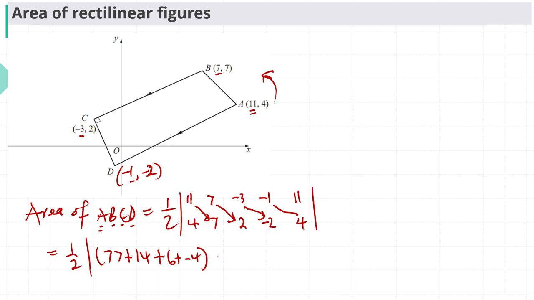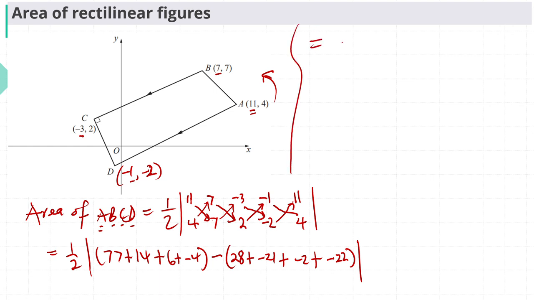So we put all this in brackets. Now minus the upward products, the sum of the upward products. 4 multiplied by 7 gives you 28, plus 7 multiplied by minus 3 gives you minus 21, plus 2 multiplied by minus 1 gives you minus 2, plus minus 2 multiplied by 11 gives you minus 22.